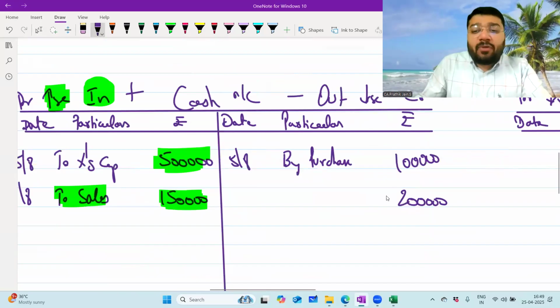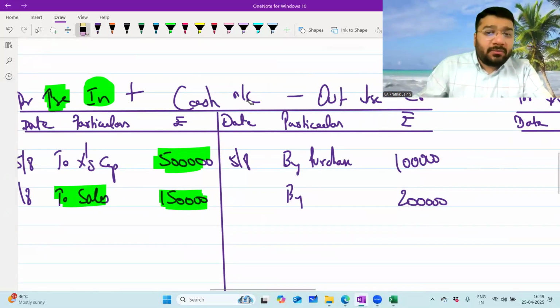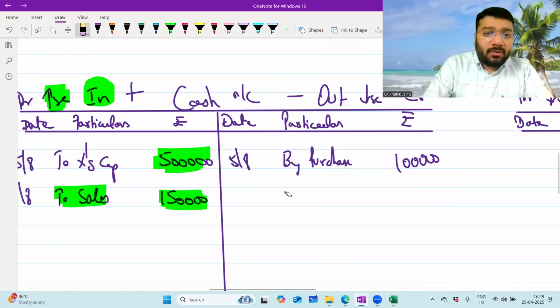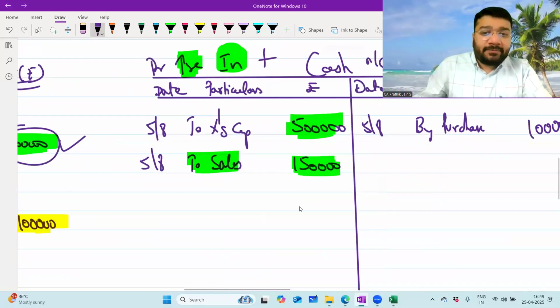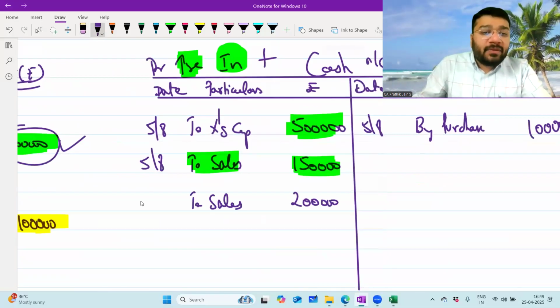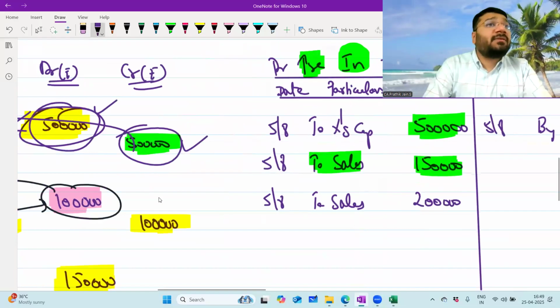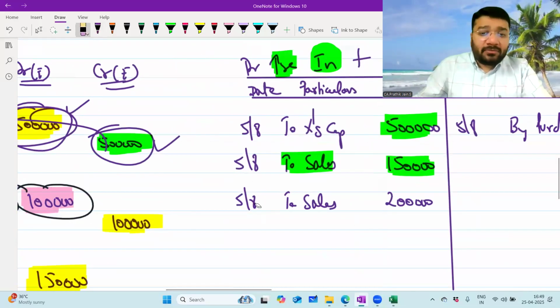And what is the description of the opposite side? Sorry, I recorded on the debit side. No, this is debit side. 2 lakh on the debit side, to sales. This is sales or purchase? Oh, purchase. You wrote it correctly.